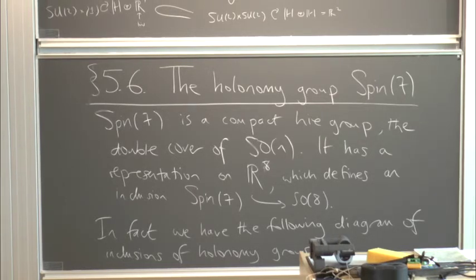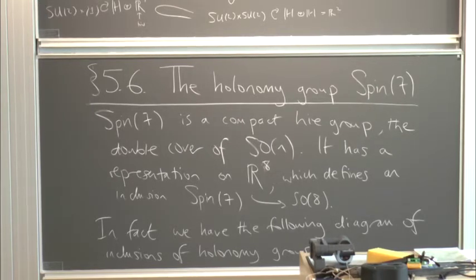Then the stabilizer group of this form big omega 0 in GL(8,R), which acts on the 4-forms on R^8, is this group Spin(7).